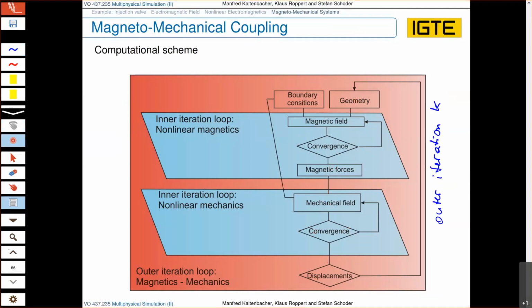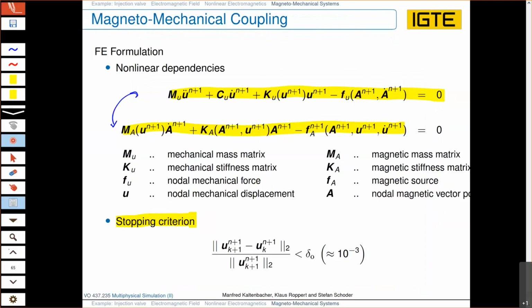And as we have seen as a stopping criterion, this makes sense. A second stopping criterion could be that we use, instead of the displacement, the electromagnetic forces. And clearly, if we have no change of the electromagnetic forces between two iterations, so between iteration k+1 and k, we cannot have any further change in the mechanical deformation.